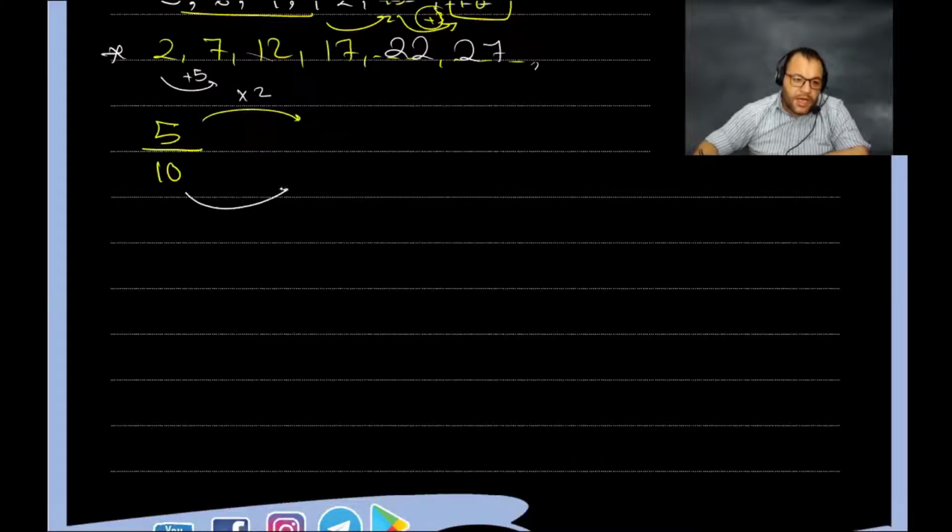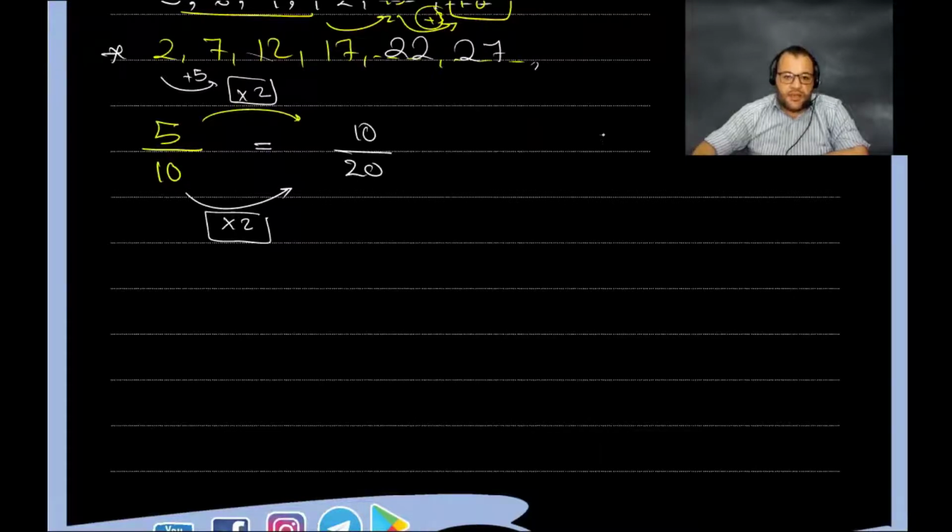If you multiply 10 by the same number you chose here, you multiply by 2. 5 times 2 equals 10. 10 times 2 equals 20. You will find that 5 over 10 is equal to 10 over 20.